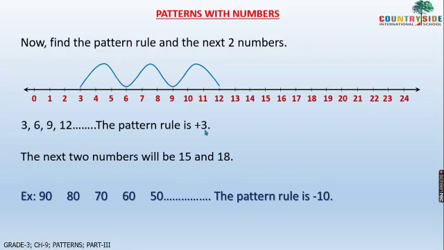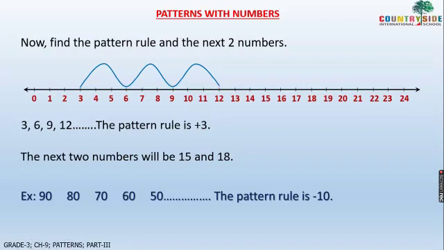When we are going backward it will be a minus sign. Here we are going forward 3 numbers, so it will be plus 3. So the next two numbers will be 15 and 18.